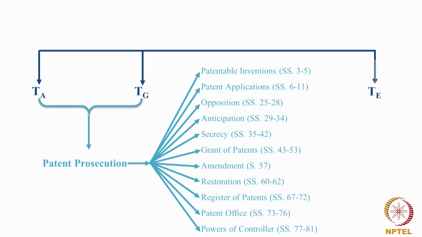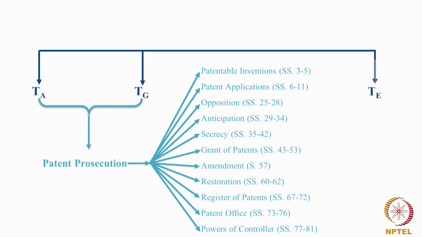Now, during this timeline, the sections in the Patents Act deal with a variety of things. Patentable inventions are described in sections 3 to 5. Patent applications are referred to in sections 6 to 11. The procedure for opposition is mentioned in sections 25 to 28. This includes pre-grant and post-grant.